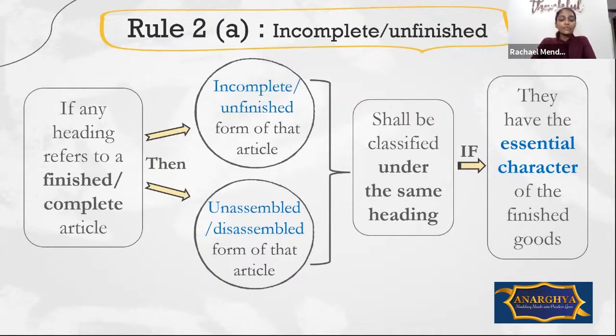So it is an incomplete form of a railway coach. Rule 2A states that since a railway coach without seats still has the essential character of a railway coach, you must classify this incomplete railway coach as a railway coach.